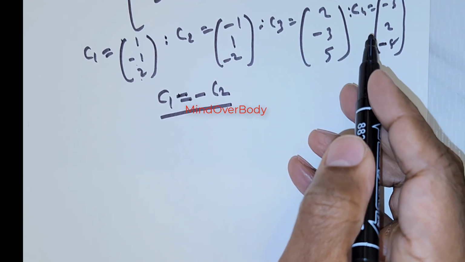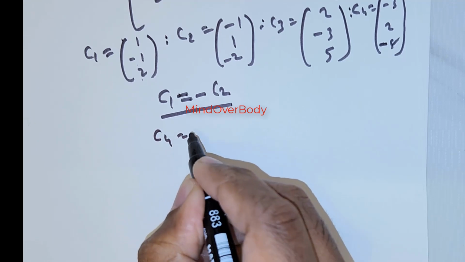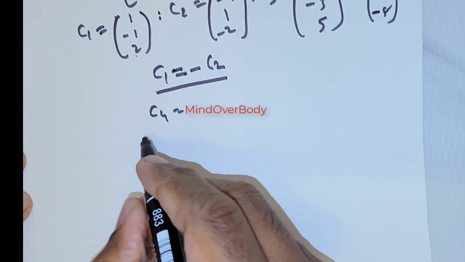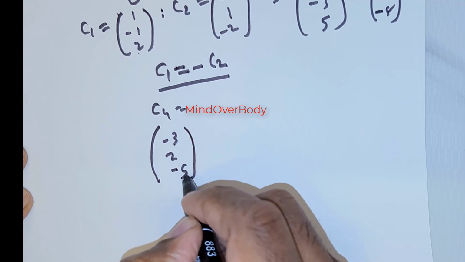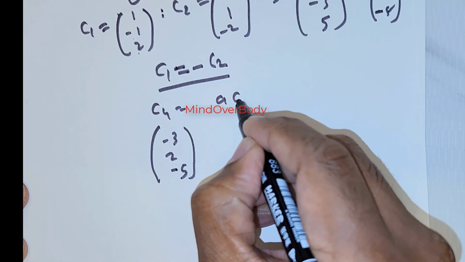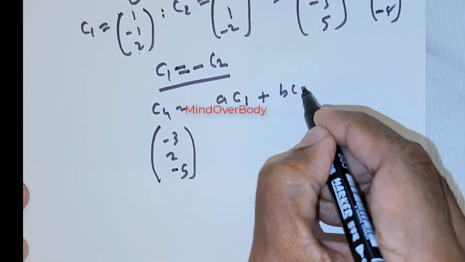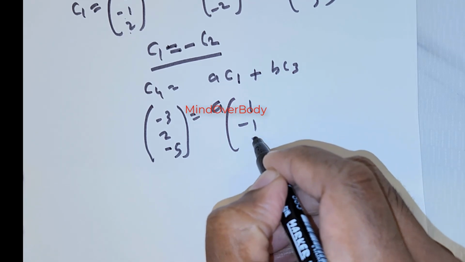Now let me consider the other column C4. C4 has -3, 2, and -5. Now can I write C4 as A times C1 plus B times C3? A times C1 is 1, -1, and 2.